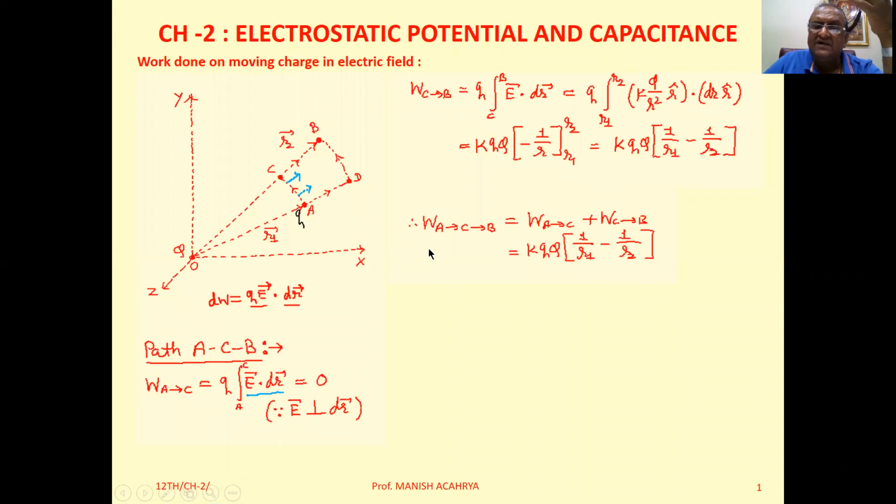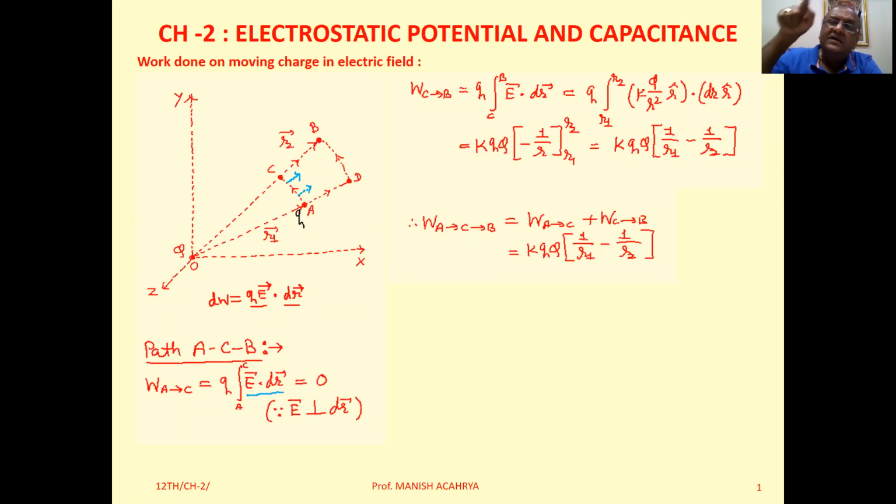It implies that the total work done on the path ACB is equal to kQq into 1 upon r1 minus 1 upon r2. Clear?